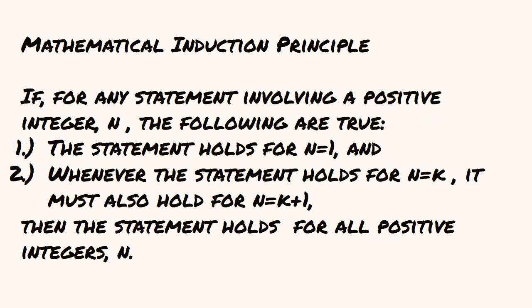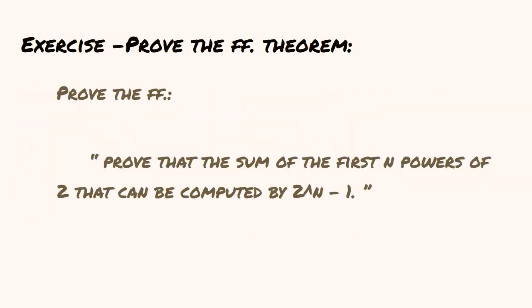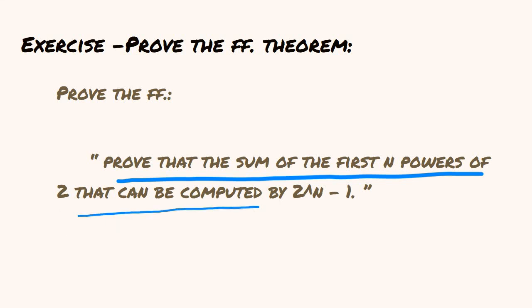To end off, we're going to have an exercise which you're going to answer. Prove that the sum of the first n powers of 2 can be computed by 2 to the n minus 1.